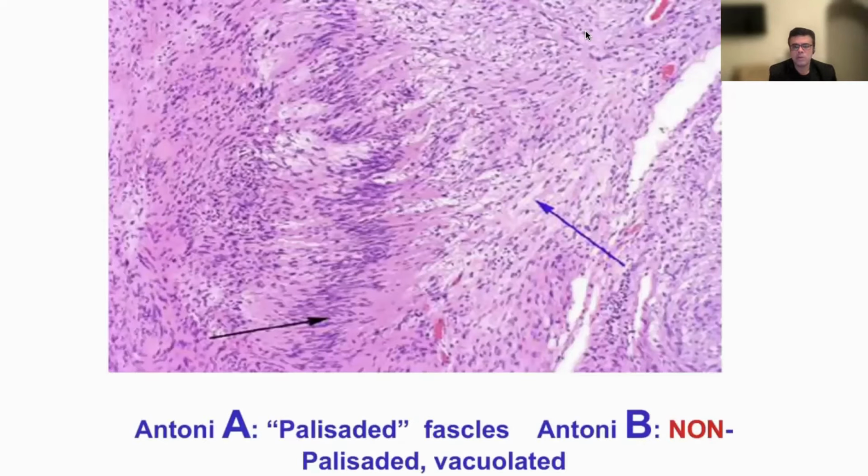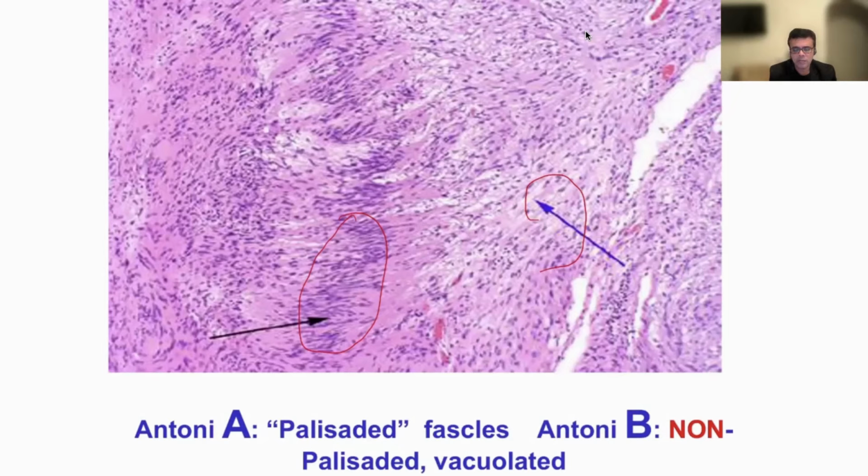Now let's go to the microscopic picture. So here you can see the Antoni A areas, the hypercellular areas, and the relative Antoni B area. This arrow reflects the Antoni B area, whereas this hypercellular zone reflects the Antoni A area. And here you can see a palisading arrangement of the nuclei, and a nuclear-free zone is seen.